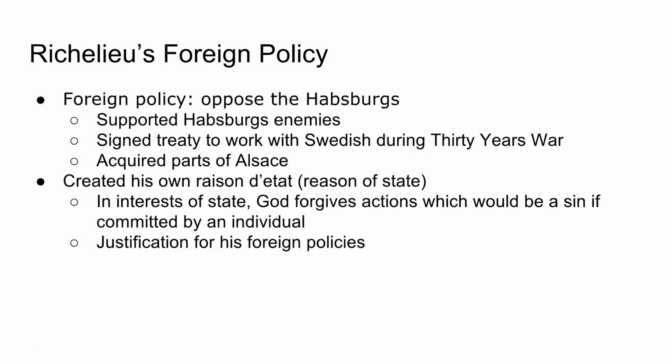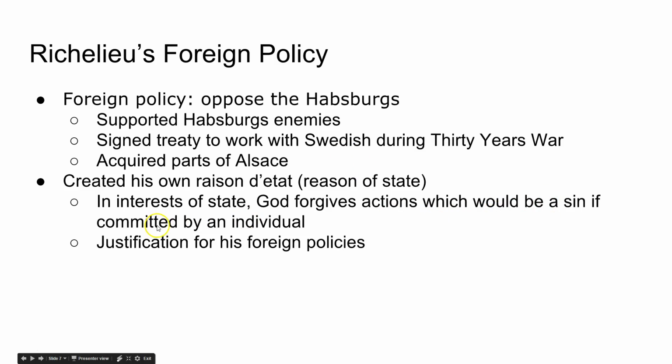In order to do this, though, Richelieu comes up very famously with his own raison d'etat, which is a reason of state. Basically what Richelieu says is that in matters that affect the state, in the interests of the state, God would forgive an action that would otherwise be sinful if an individual person committed it. So, in this example of the 30 Years' War, the Swedish he worked with were Protestant, and they were fighting the Catholic Holy Roman Empire.